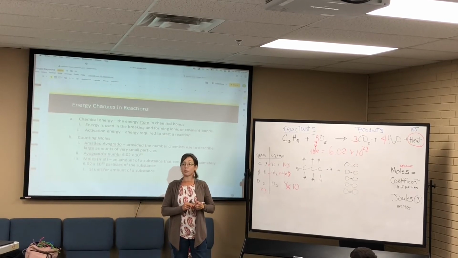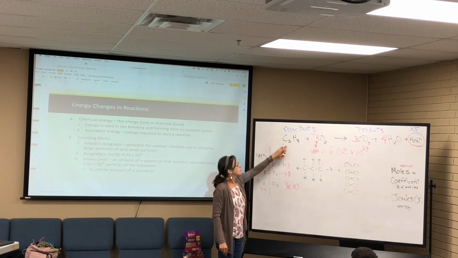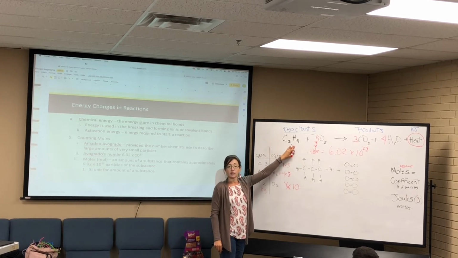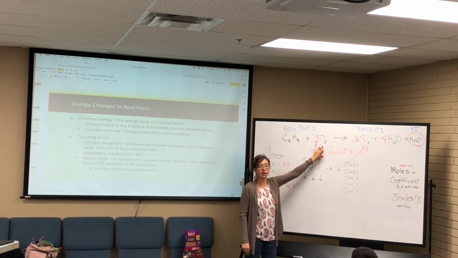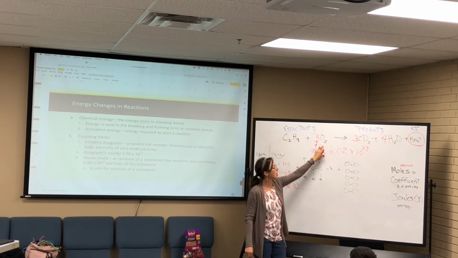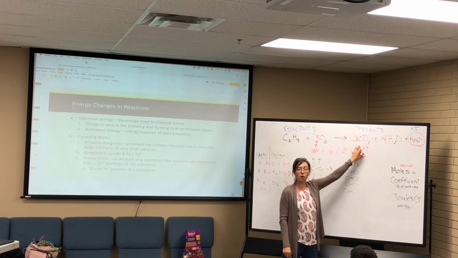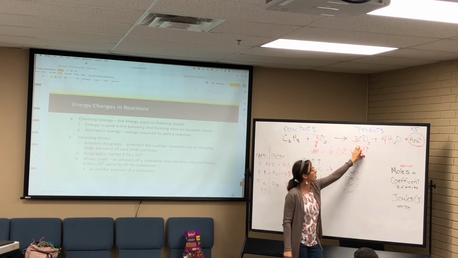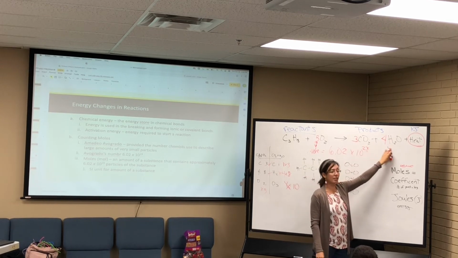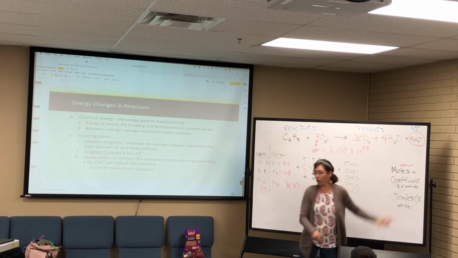We simply replace it. So here I have 1 mole of my carbon and hydrogen molecule. How many moles of oxygen do I have? 5 moles of oxygen, and it produces how much carbon dioxide? 3 moles of carbon dioxide and 4 moles of water.